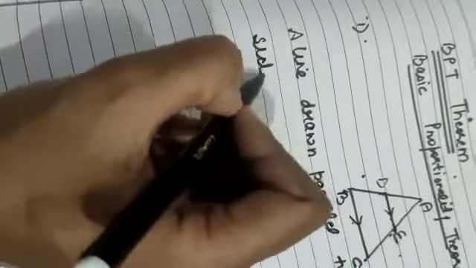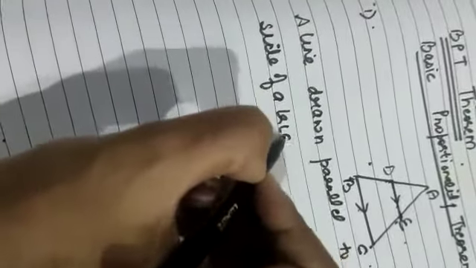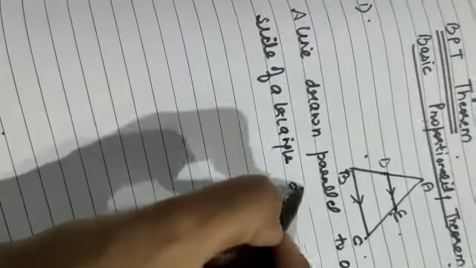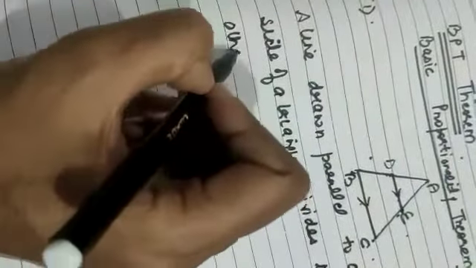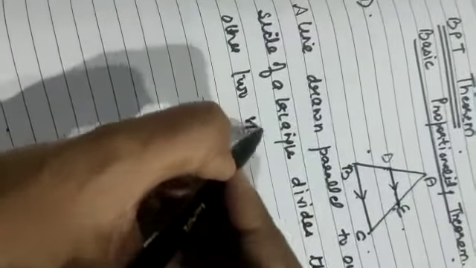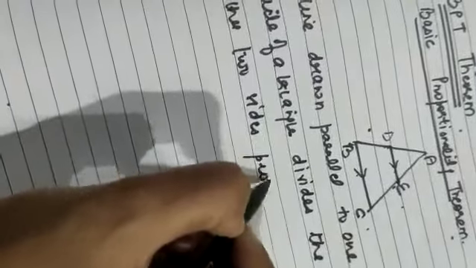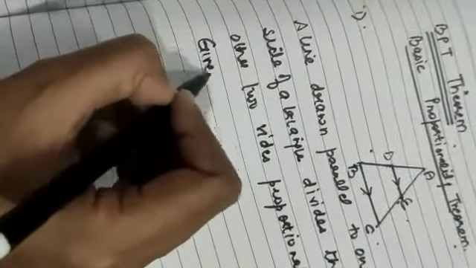So a line drawn parallel to one side of a triangle divides the other two sides proportionally, right? So we have to prove the theorem here. So we will write given.